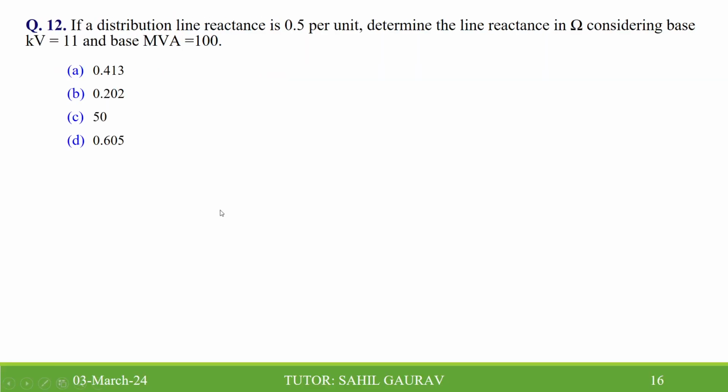Moving to the next problem. Here the quantity is given in per unit, and you have to find the ohm value. The actual value is X per unit into the base value, Z base. X per unit is 0.5 and Z base we computed previously as 1.21 ohm.